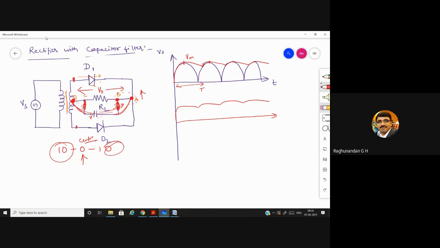This is the working, very important. They can ask you to explain the working of a rectifier with a capacitive filter and derive the expression for it. Next we have the expression for ripple factor, which we can do in the next class. If you have any doubt till now, you can ask me.